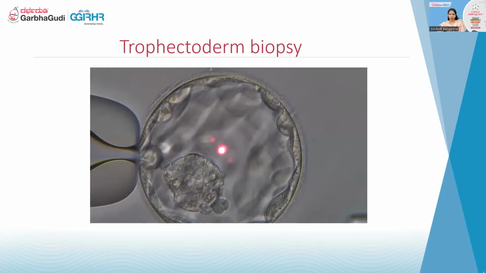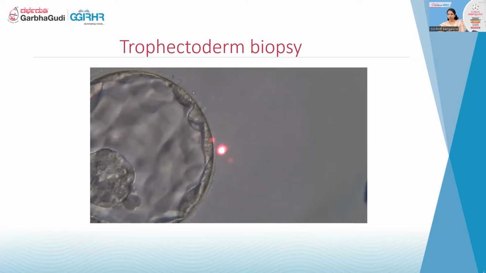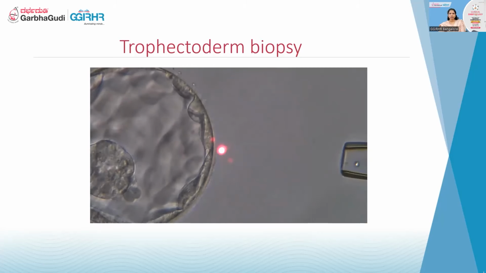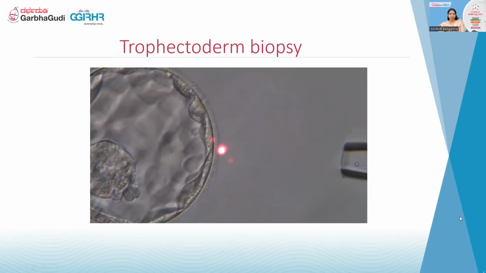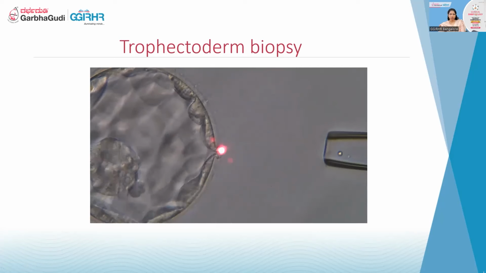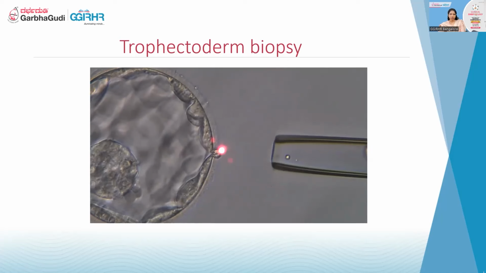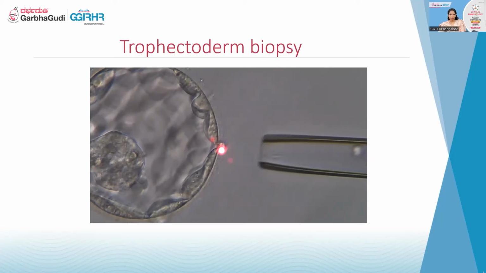So there is a video. In this video, you can see that it is a blastocyst. The red one is the laser optics. A few shots are given only to the zona, and then the needle goes towards the embryo.